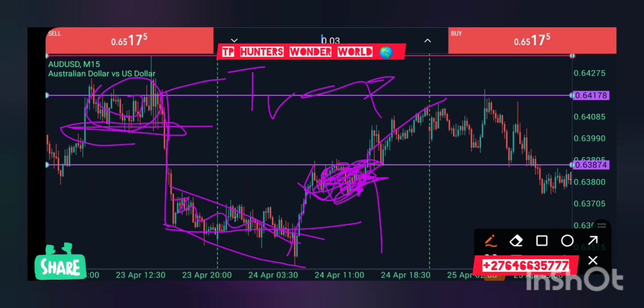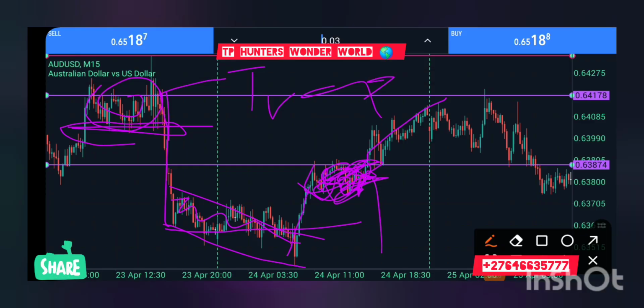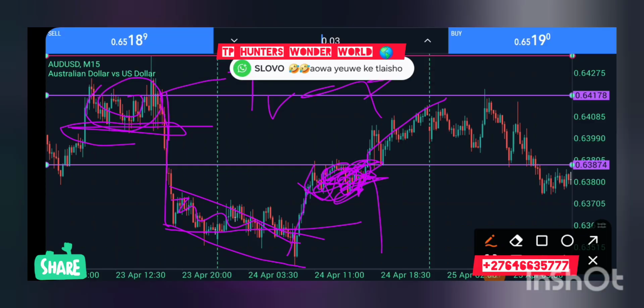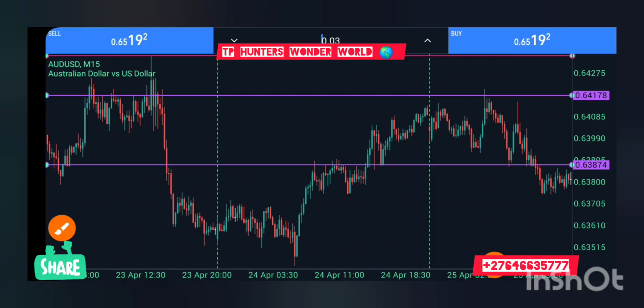If the price is bullish, they will use this breakout to trap buyers.